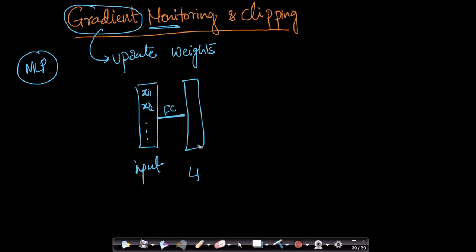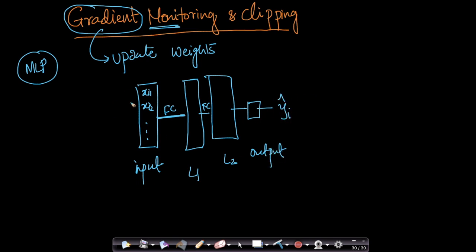I might have a bunch of neurons here. Then layer 2, again fully connected, and then I have my output layer. Given an xi as my input, my output is basically yi hat. This is my model.